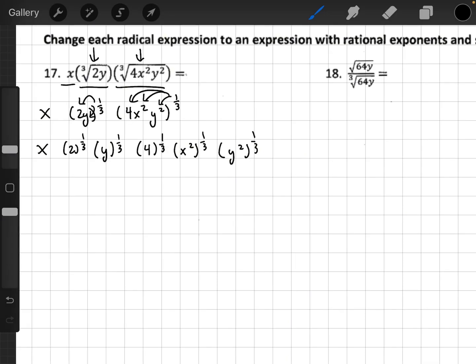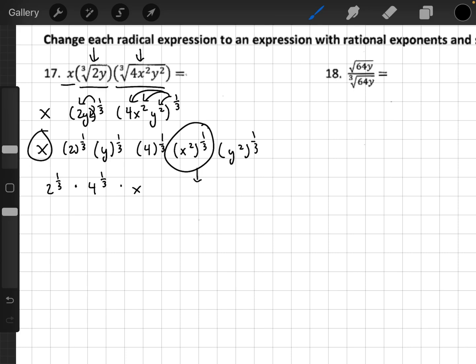And once we do this, we can simplify all of this as 2 to the power of 1/3 times 4 to the power of 1/3. I'm just going to keep all of the numbers in the front and move all the variables to the back. Times x, so we have this x and this x.